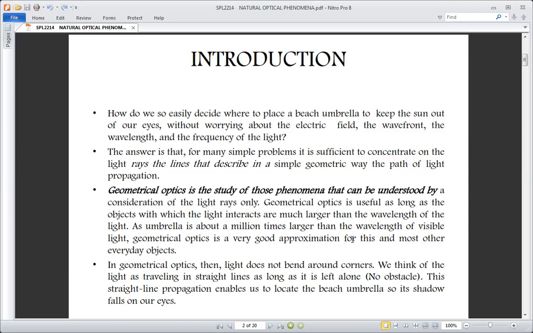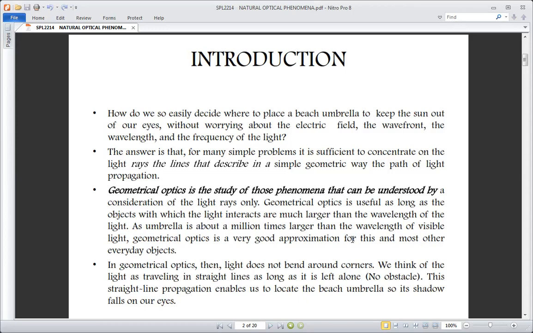So the field of optics in which you represent light in terms of rays is referred to as geometrical optics. And that is where some of the optical phenomena that we want to look at in this lecture will be considering light in terms of rays.